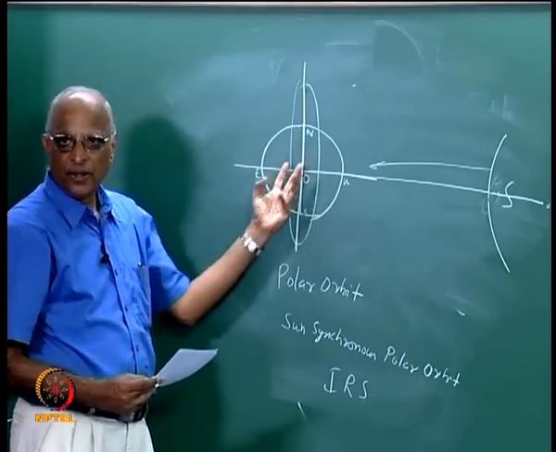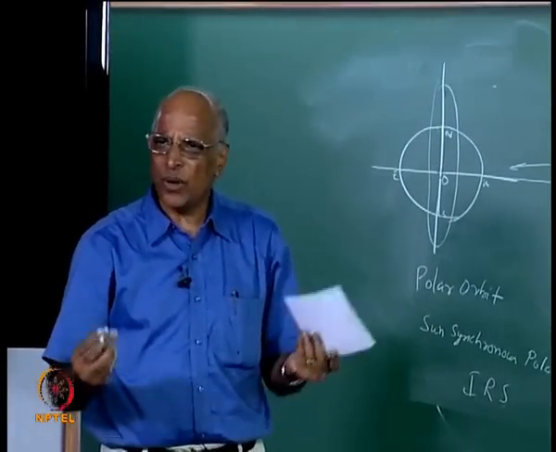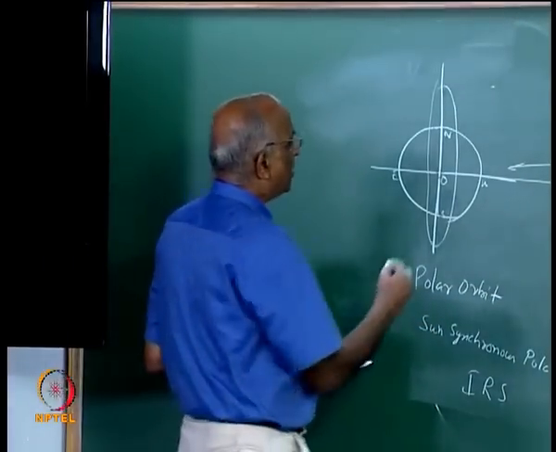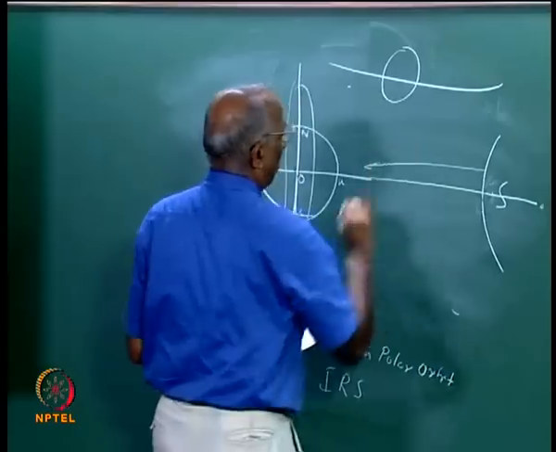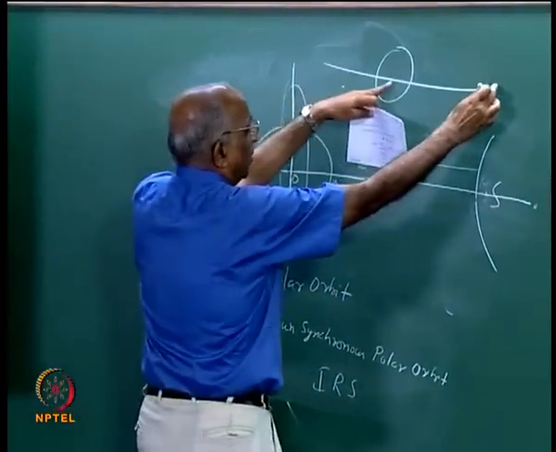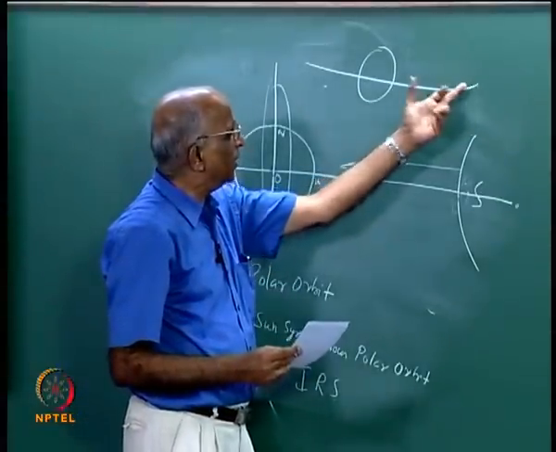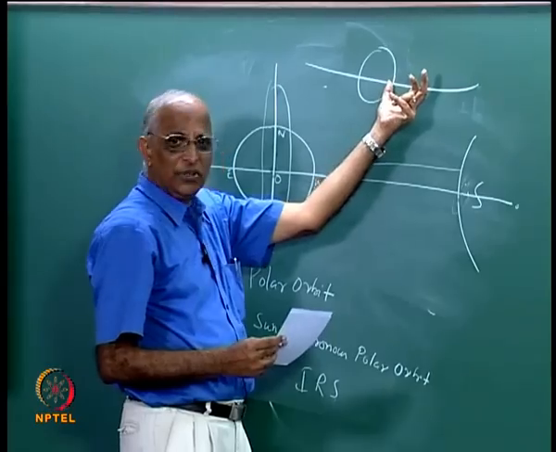Now let us divert our attention a little bit and ask ourselves, why all these different orbits? If I say geosynchronous orbit, that means I have the earth, and along the east west, at a height of 35,000 kilometers, the satellite, or the object which is rotating, is always stationary with respect to the earth.